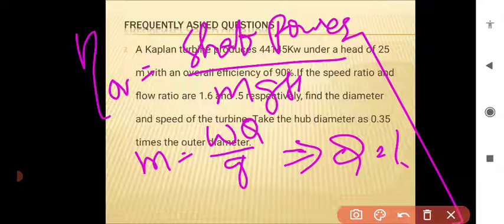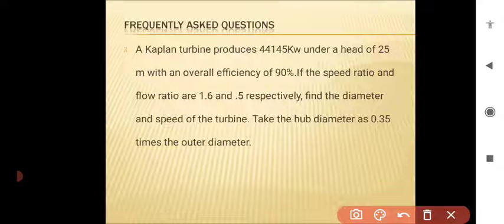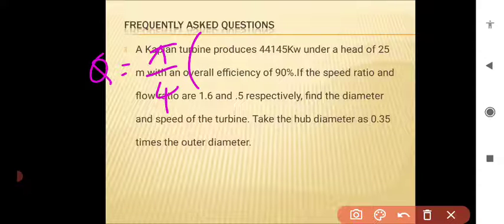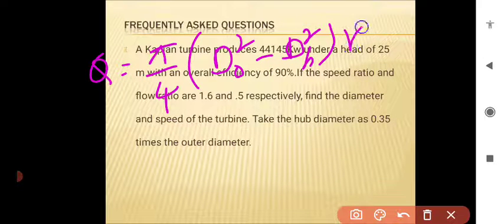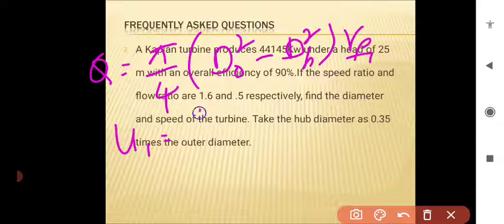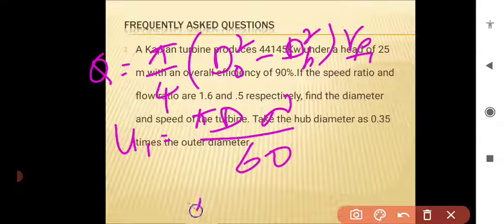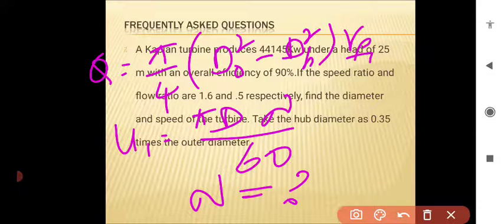From the Q value, Q is equal to pi by 4 into outer diameter square minus hub diameter square into Vf1. From this equation you will get the outer diameter and the hub diameter. Finally, from the speed ratio, u is equal to pi dn by 60, you will get n, the speed of the turbine.